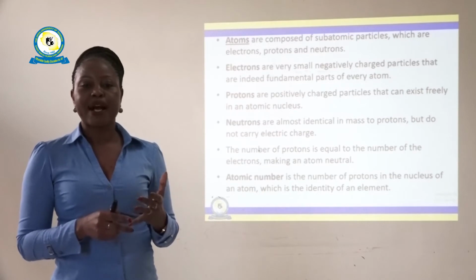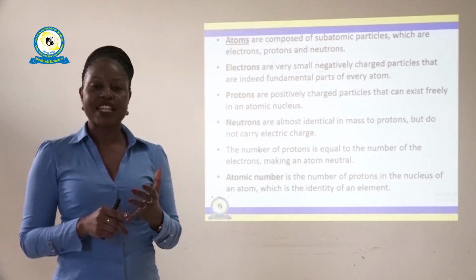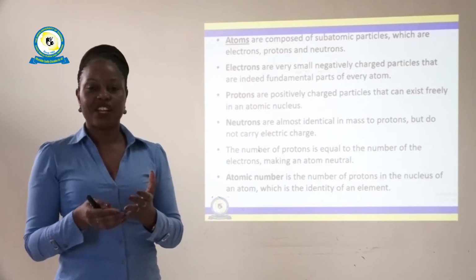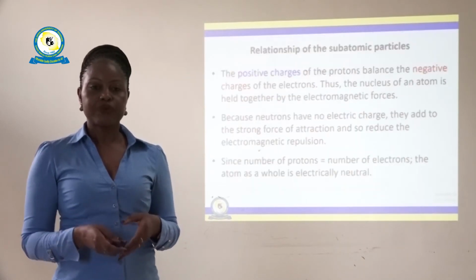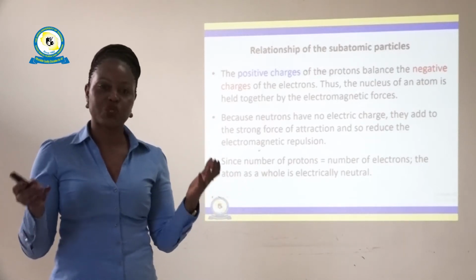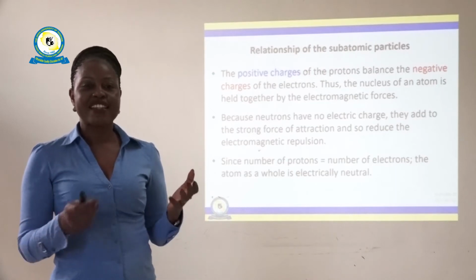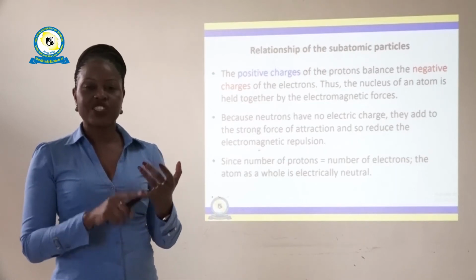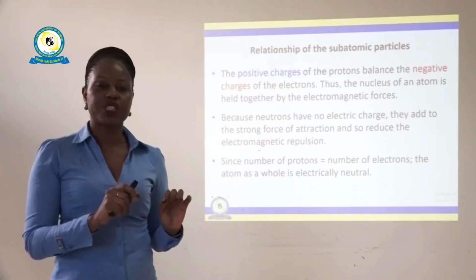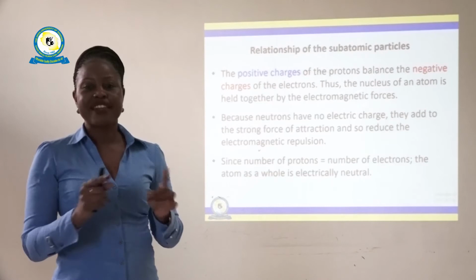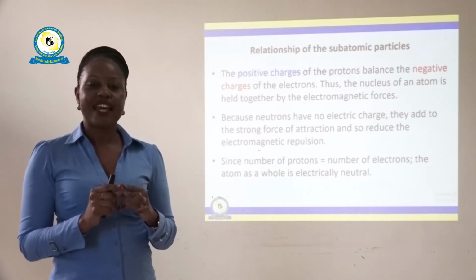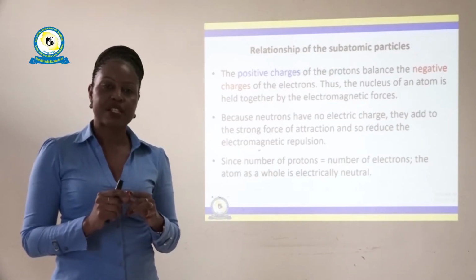So the atomic number is the number of protons in the nucleus of an atom, which is actually the identity of an element. So we have seen that the relationship between the subatomic particles now is such that the positively charged particles, which are protons, balance the negatively charged particles, which are electrons, and thus the atom is held together by the electromagnetic forces.